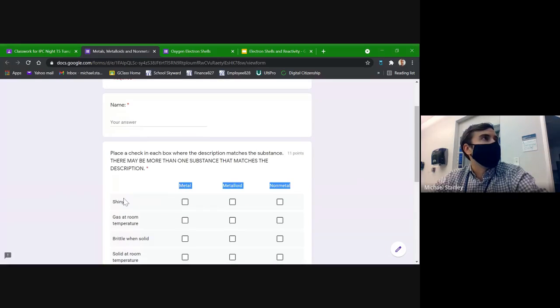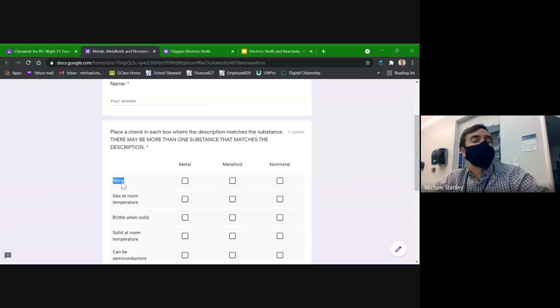And for each one, I want you to tell me, does the description here match with 1, 2, or 3 of these substances? So maybe the description only matches with 1, or maybe it matches up with 2 of them, or maybe it matches with 3. There could be more than 1 that match the description.